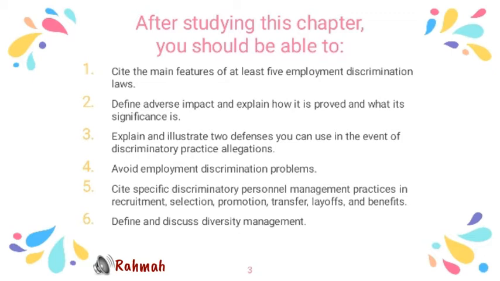Third, explain the illustration of the filings you can use in the event of discrimination practices in organizations. Fourth, avoid employment discrimination problems. Fifth, identify specific discrimination in personnel management practices in recruitment, selection, promotion, transfer, layoffs, and benefits. The last, define and discuss diversity management.